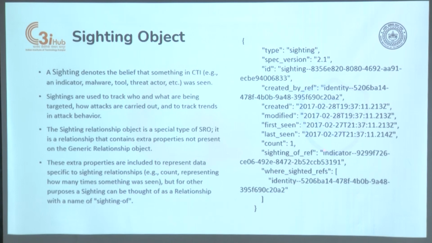It could be network traffic, it could be a URL, it could be a file, and where it has been cited, where it was first seen and last seen, how many times it has been seen and so on. So there is a citing type of relationship which is different from the generic relationship, which relates in many different ways.